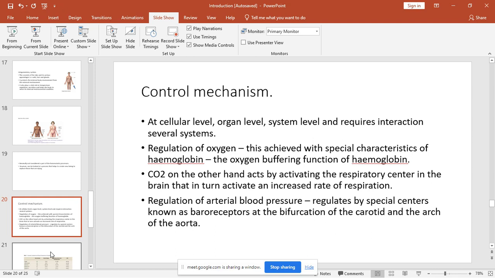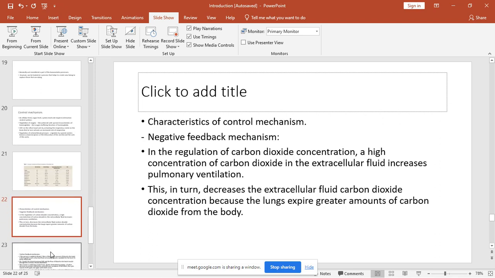And it may not just happen within one system; it can be a combination of systems in order to achieve this mechanism. Before I tell you an example, there are two types of control mechanisms. We've got what's referred to as the negative feedback mechanism, and what is referred to as the positive feedback mechanism.